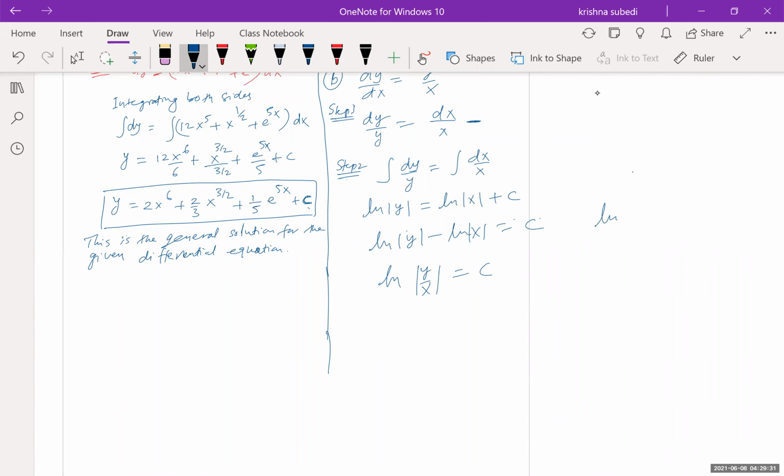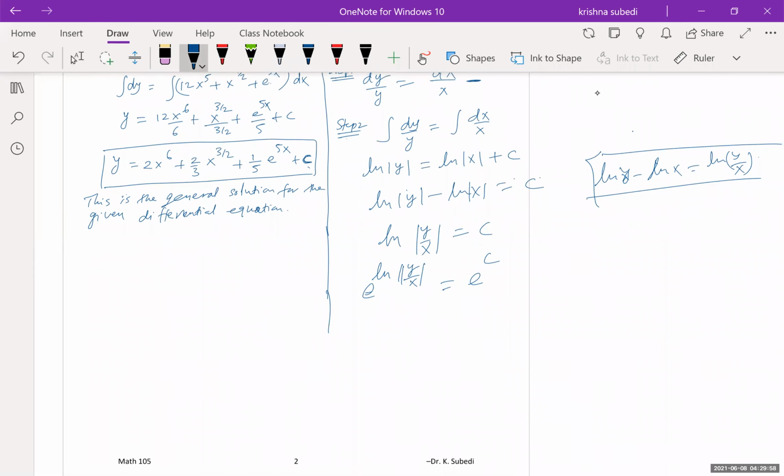Remember, we know the formula ln y minus ln x equals ln y over x. So using that formula, you can write this. Now you exponentiate. Taking e on both sides, you're going to get e to the ln y over x equals e to the c. And so that's going to give me y over x equals e to the c.